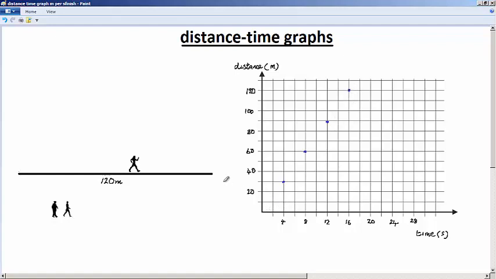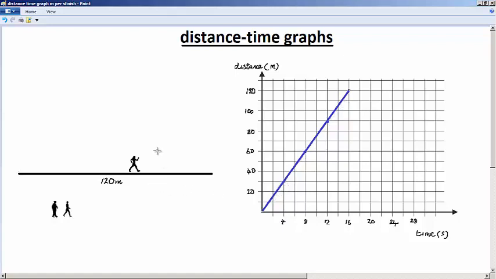So we join the points, and the first thing we notice is that we have a straight line, and this will always be true for any object that is moving with a constant speed. The distance time graph will always be linear. It will always form a straight line.